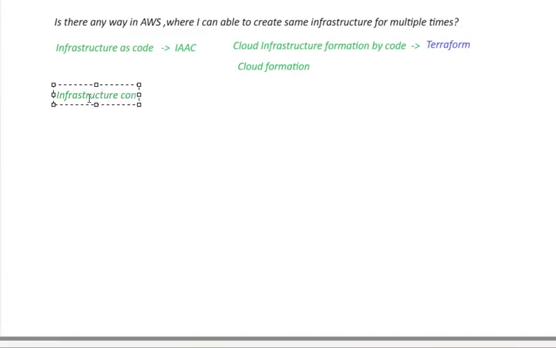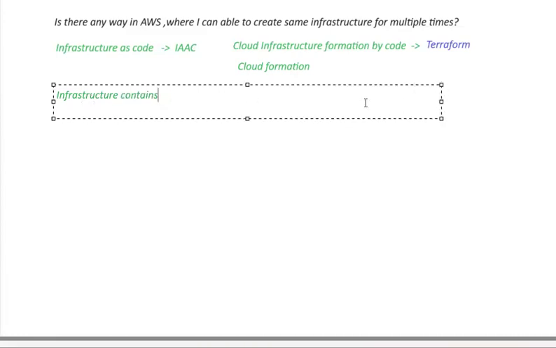What does my infrastructure contain? My infrastructure contains, can I create servers? Yes, I can create servers in my infrastructure. And can I use any storage services? Yes, storage services I can use.